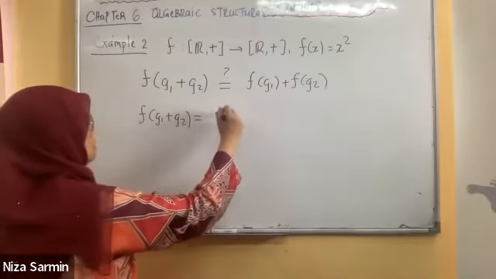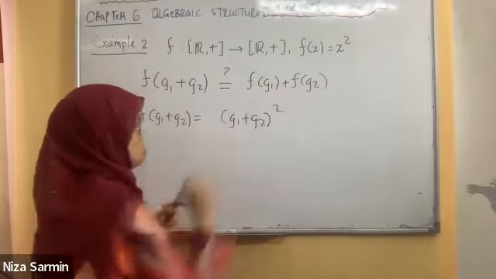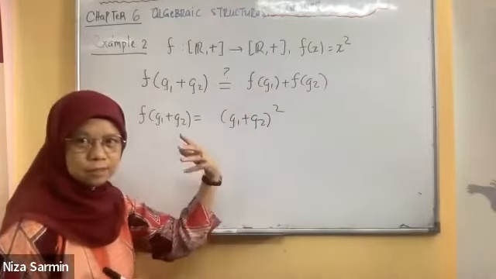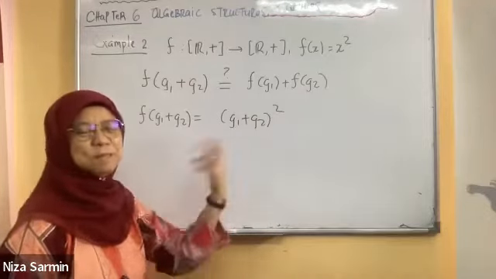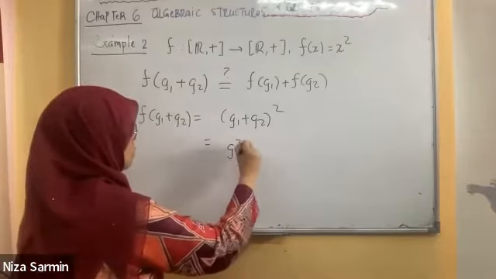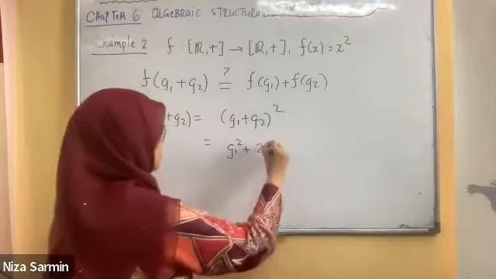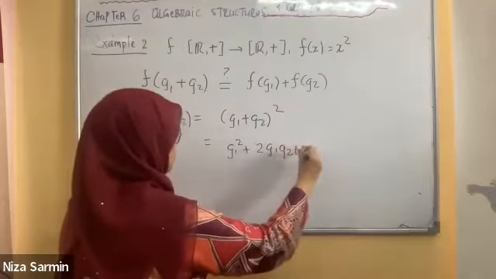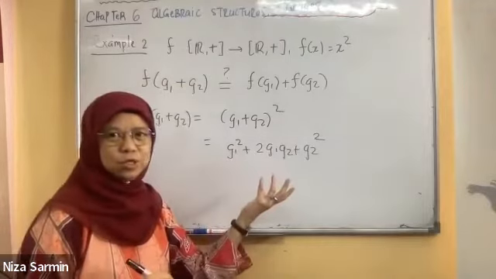So this is g1 plus g2 squared. And the operation is just the simple algebra, right? This is equal to g1 squared plus, don't forget the middle part, g1 g2, plus g2 squared. And then you start.